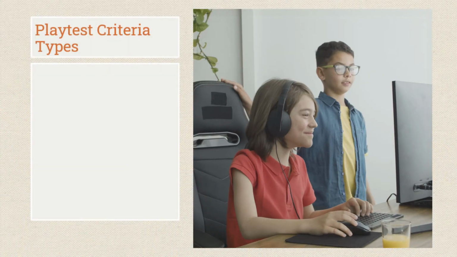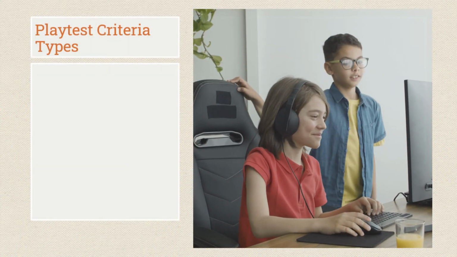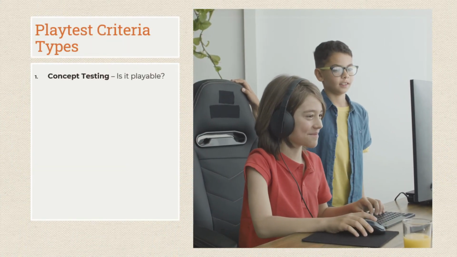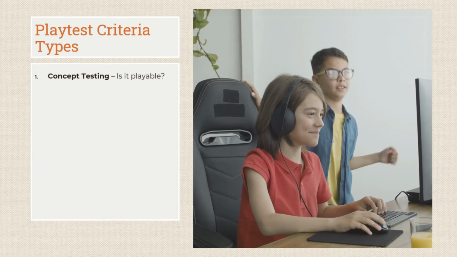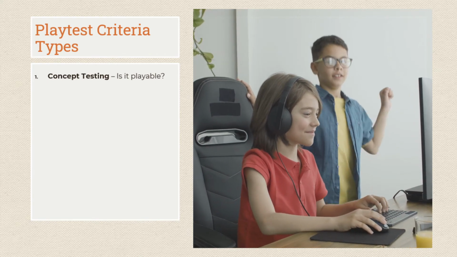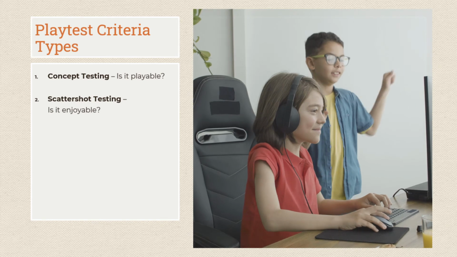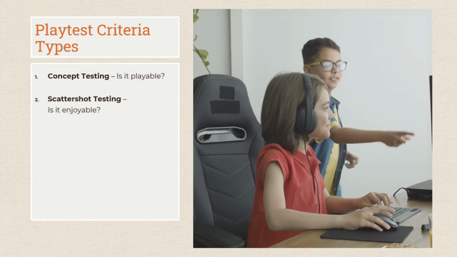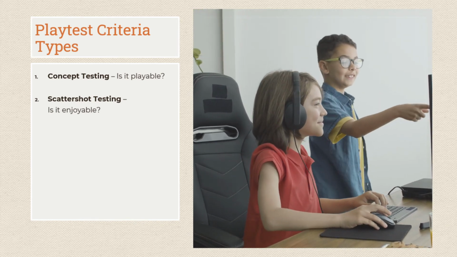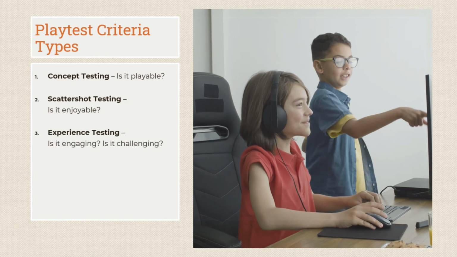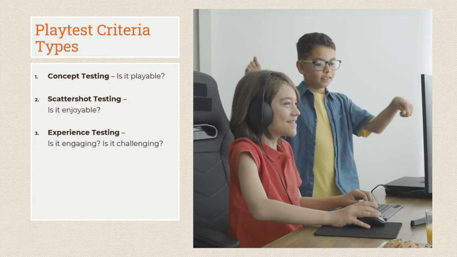Here we identify the playtest criteria types, which aim to answer specific questions. Concept testing is where we are asking if the game is playable. Scattershot testing is where we're looking to see if the game is enjoyable. Experience testing is where we're asking if the game is engaging and challenging.